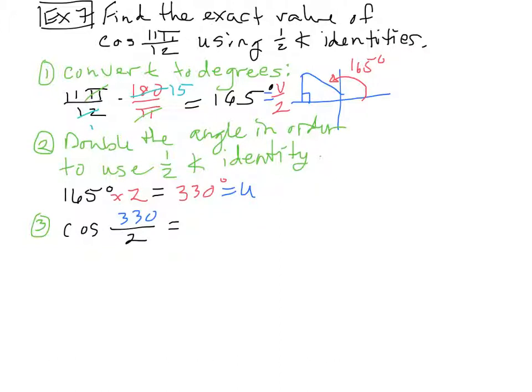So our identity is plus or minus, that's a plus. So plus or minus the square root of 1 plus the cosine of u divided by 2.